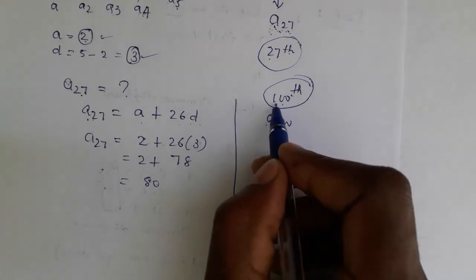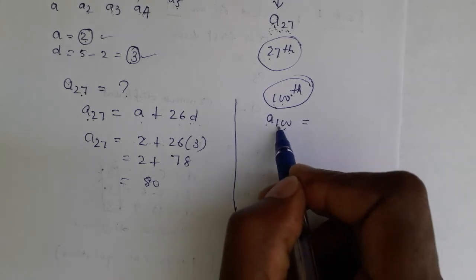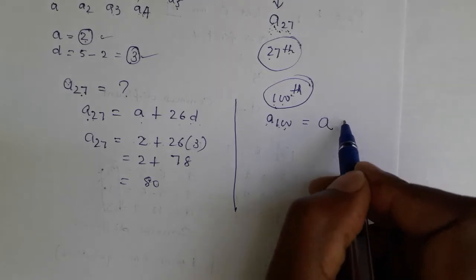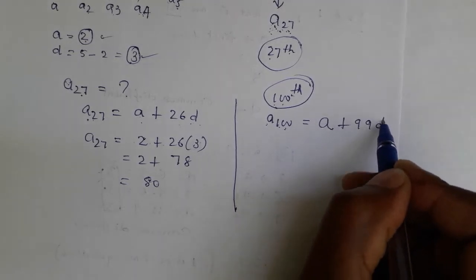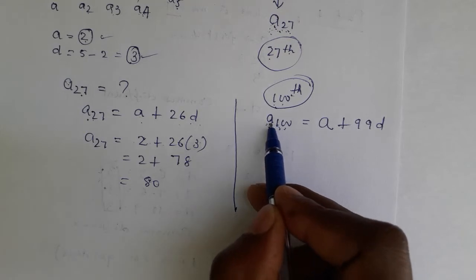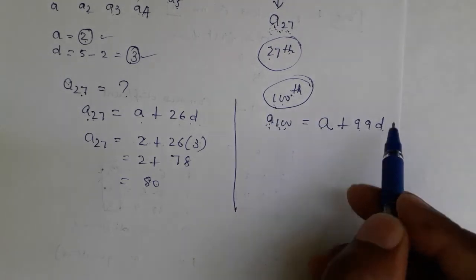A100, right? So in the 100th place A100 is sitting. How do we get the value of A100? A100 goes to A by taking 99 differences. Very simple. The 100th place number goes to the first number by taking 99 jumps.